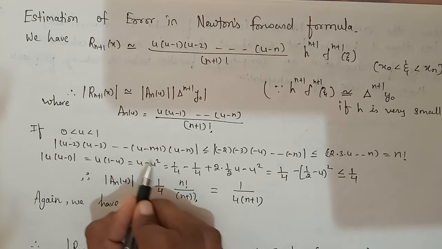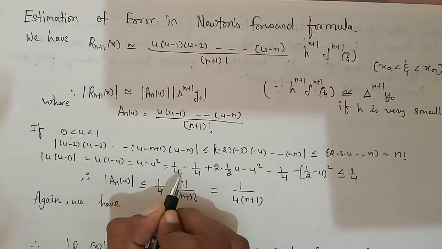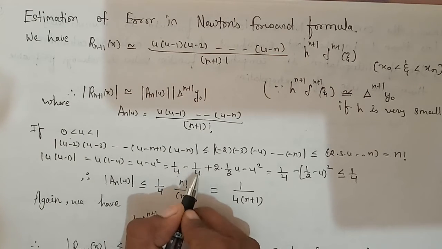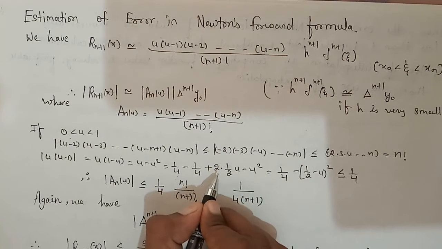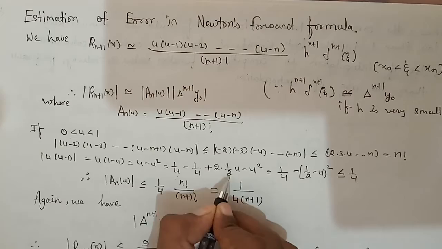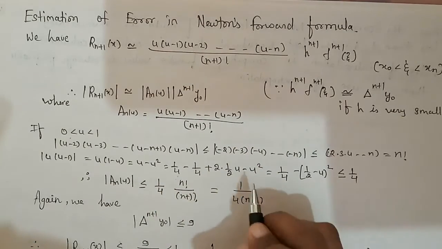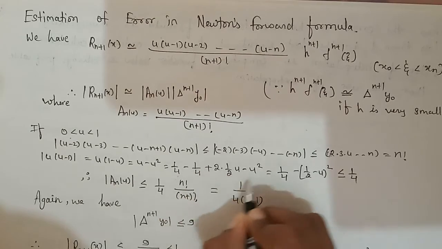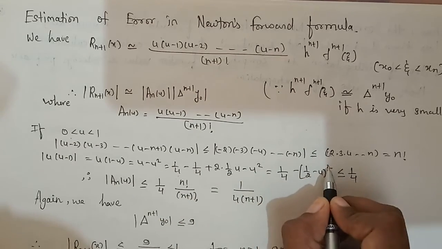To make it a perfect square, I add and subtract 1 by 4, so 1/4 minus 1/4. To write this in the form a squared plus 2ab plus b squared, I arrange the terms, and the entire term becomes 1/4 minus (1/2 minus u) the whole squared.